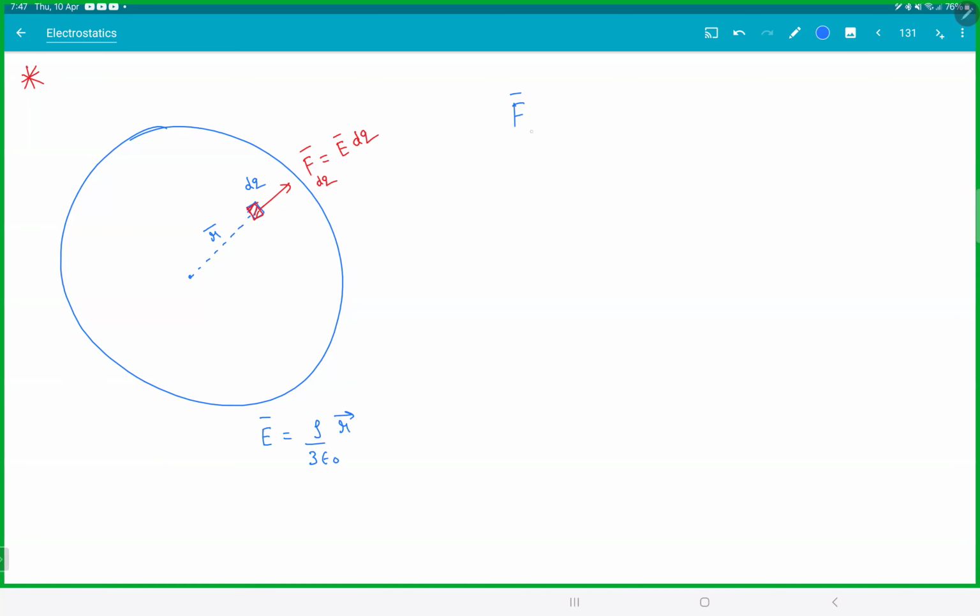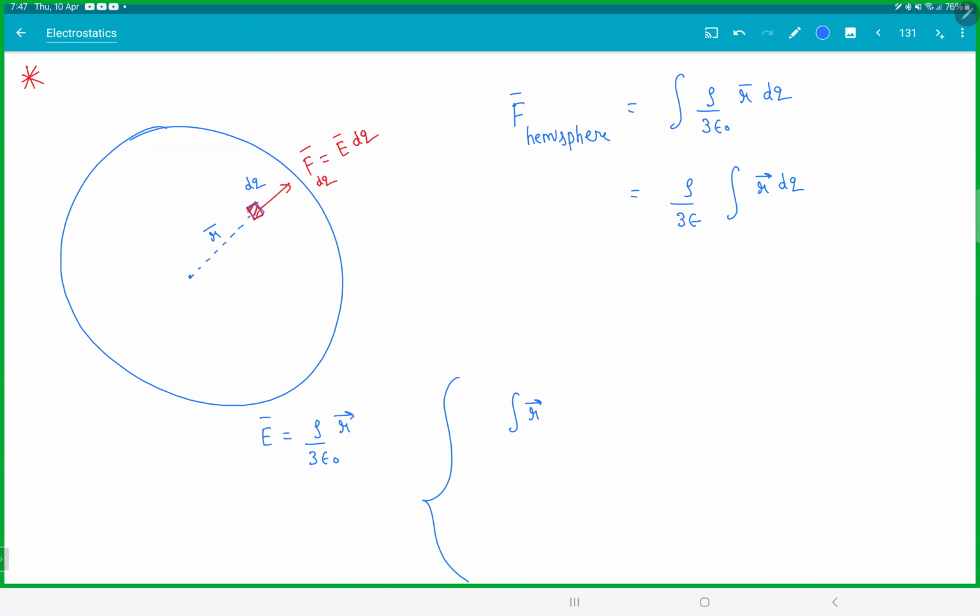So the force on that hemisphere or force on anything will be integral of field, rho by 3 epsilon r bar, into dq. If I take out rho by 3 epsilon common, I will end up with integral r bar dq. So far clear? Now we have seen something like this somewhere.